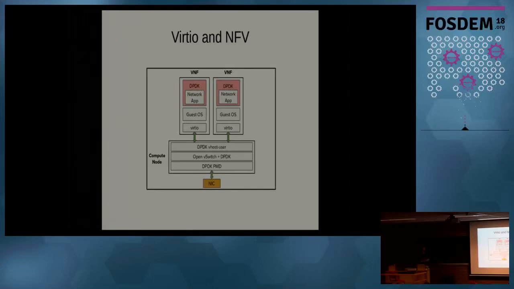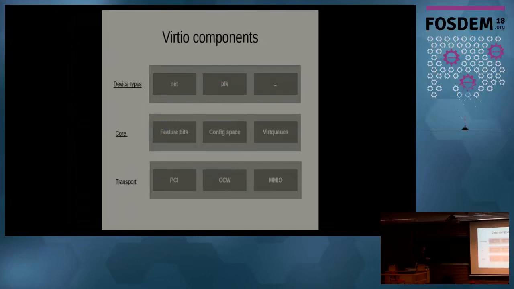In this case, Virtio is part of the DPDK library, and in the host, it's part of the host user space, also part of DPDK. I guess most people are familiar with DPDK, but it's a library that provides user-space drivers and libraries to build fast packet processing applications.